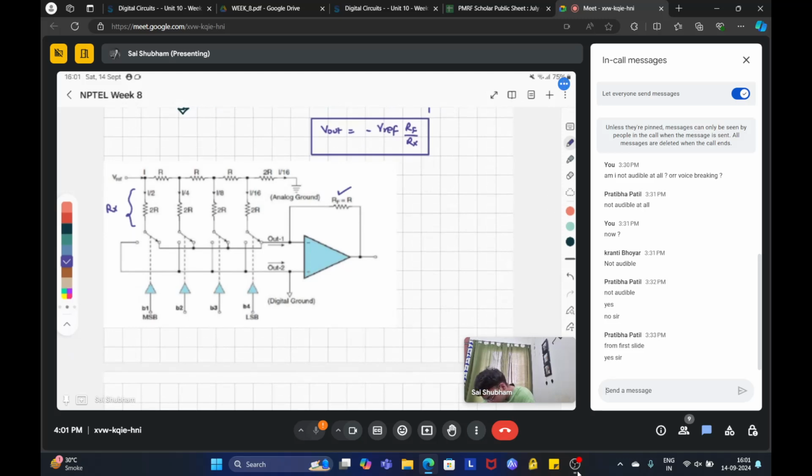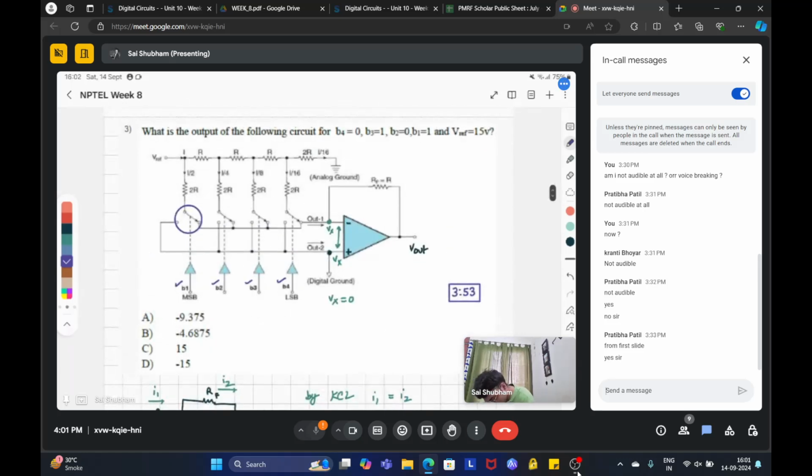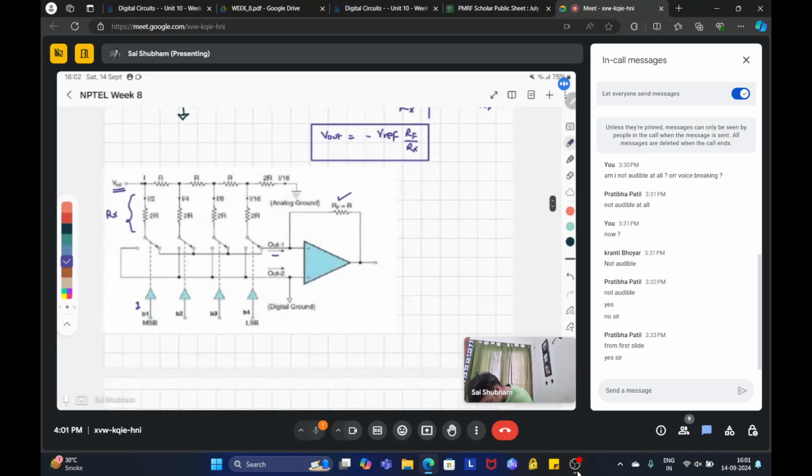So Rx will be the resistance that comes in the path from V reference to your out one. Okay. So in this case, you have 0101, right? Or 1010. So this is 1010, which means that this path is connected to V out one. This path is also connected to out one. This is not connected. This is not connected. Okay. Instead, this is connected to another ground. This is also connected to another ground. Fine.